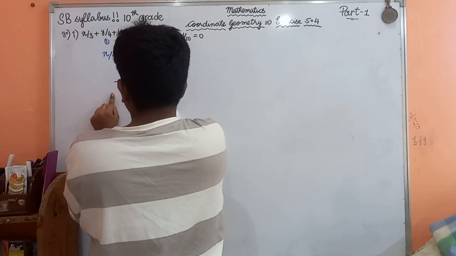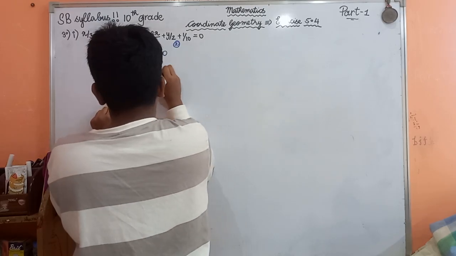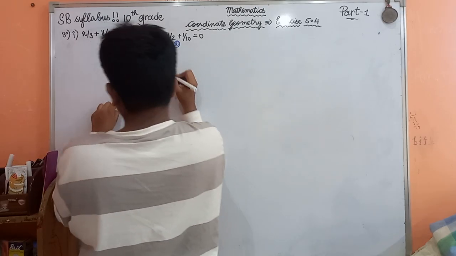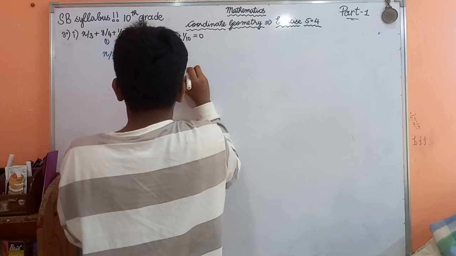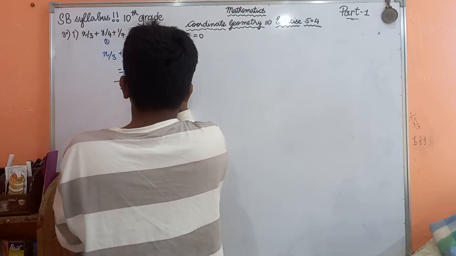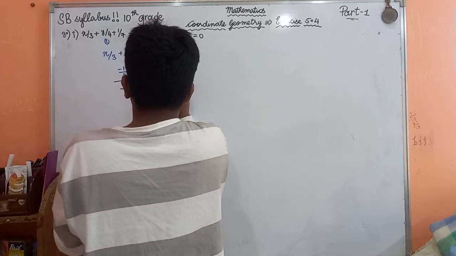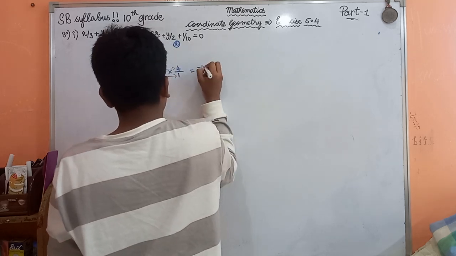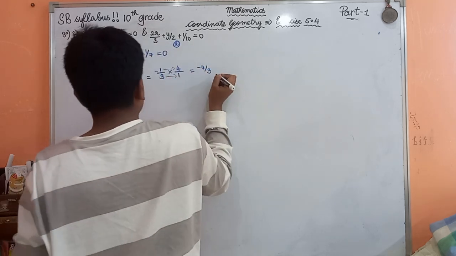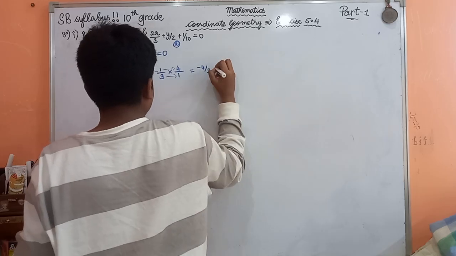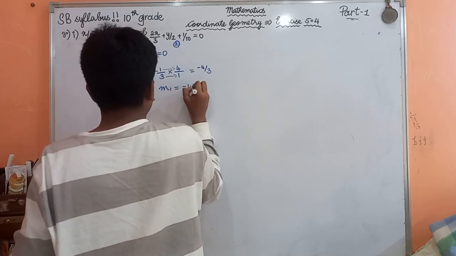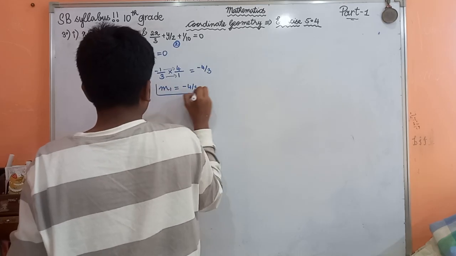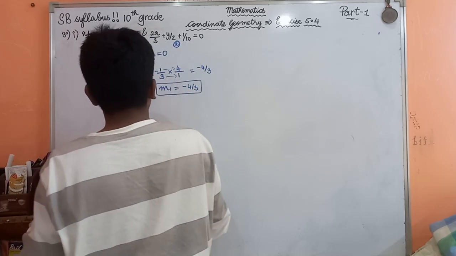So we take the reciprocal: minus 1/3 into 4/1. Just multiply like this, and you get minus 4/3. So m1 is equal to minus 4/3.